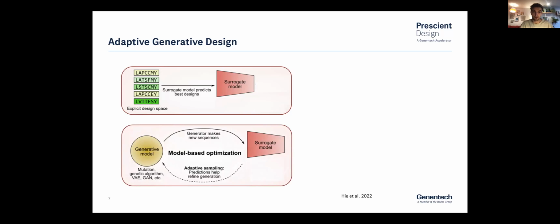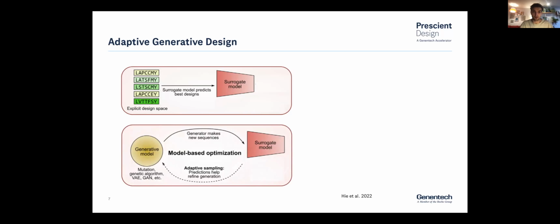We develop a methodology for proposing points that simultaneously maintain the plausibility of a candidate while optimizing its fitness. Most naively, you could imagine a framework in which you have a starting set of seed sequences, and you train a generative model to sample within the neighborhood of those seed sequences. You can imagine an unguided generative model.